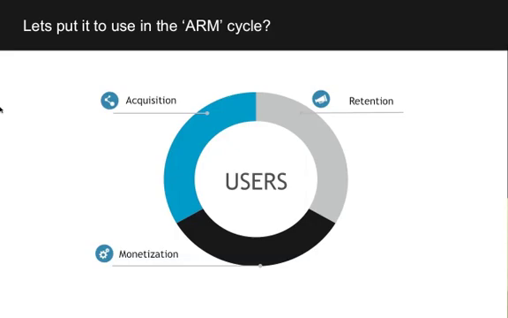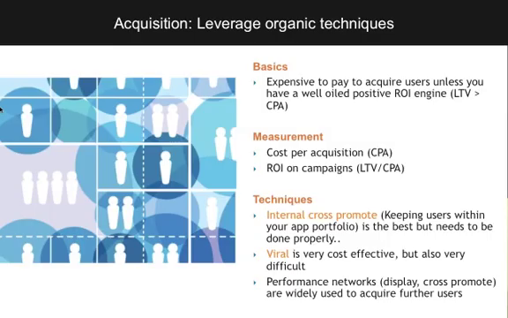Again, keeping it simple, we'll go through the ARM cycle and individually understand what aspects of these are being leveraged. So acquisition, right? Basics over here, obviously, it's becoming more and more expensive in the industry to acquire users. And you'll hear this crib from a variety of developers.